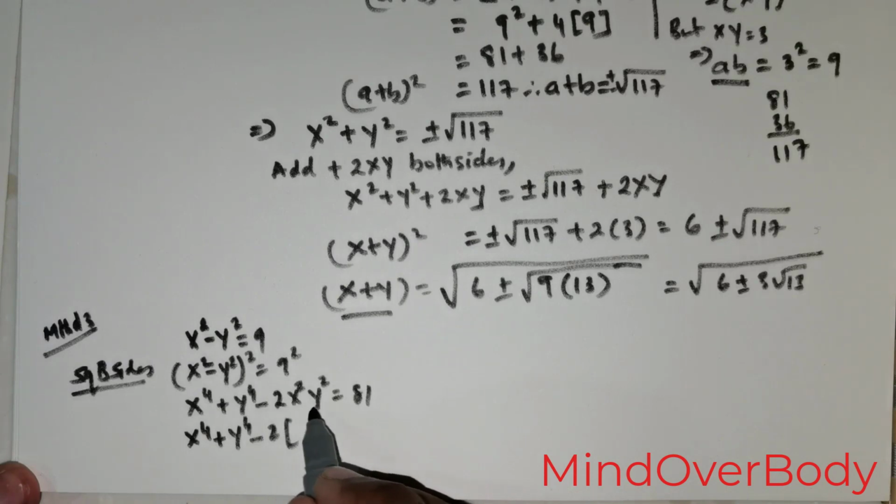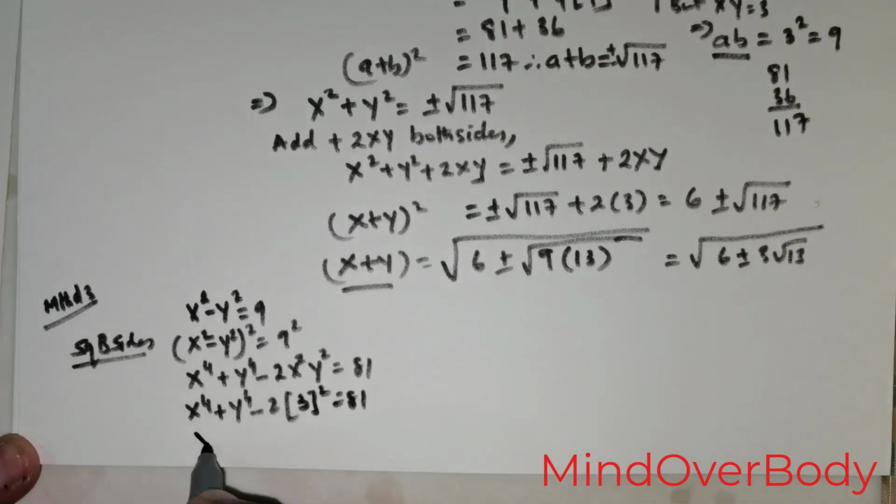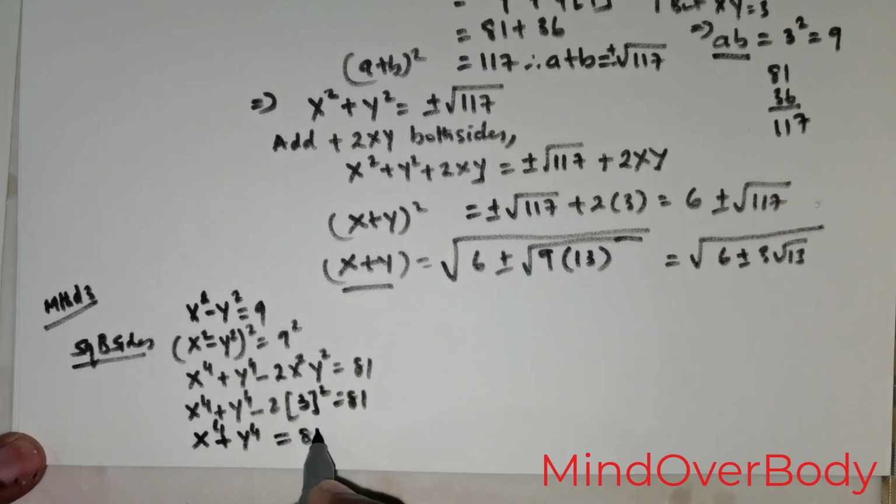But xy is given to be 3, so this is going to be 3 raised to the power 2 is equal to 81. Now I'm going to rewrite this as x to the power 4 positive y to the power 4 is equal to 81 added with 3 squared is 9, 9 times 2 is 18.